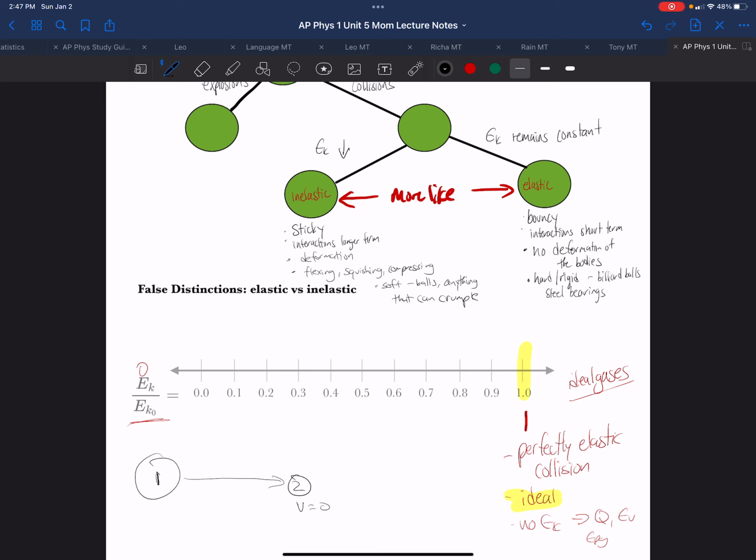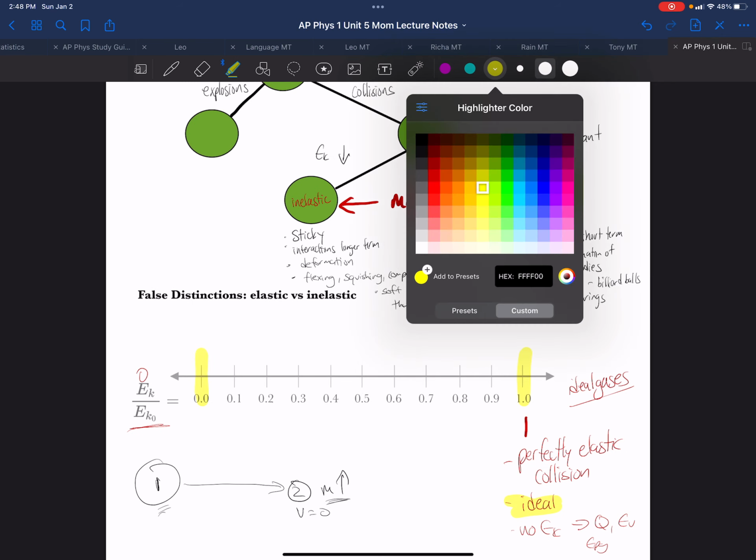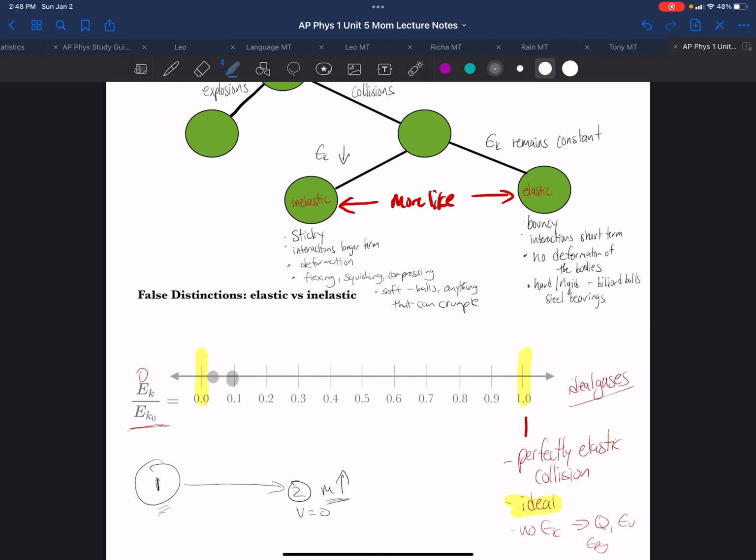The answer is no. But it is more and more likely as the mass of this one increases. As this gets larger and larger, and this is smaller and smaller, it will have less and less of an effect on it. So the point is, we really never have that either. All there is are shades of gray in between, where we determine how much kinetic energy is left over. 100% doesn't happen. 0% doesn't happen.